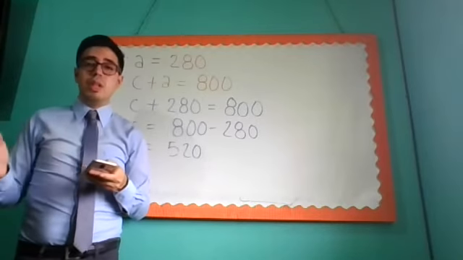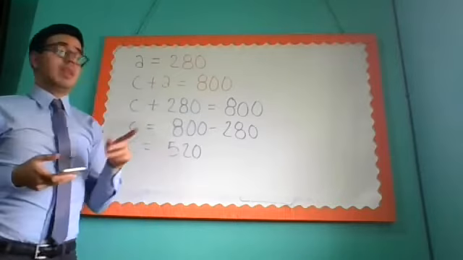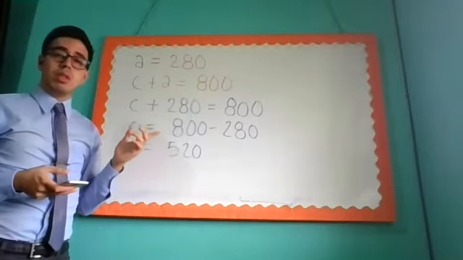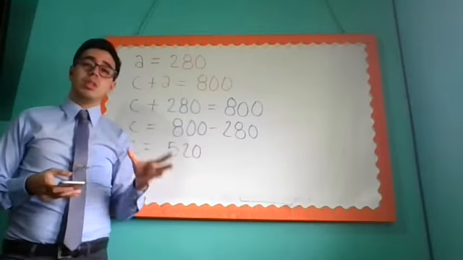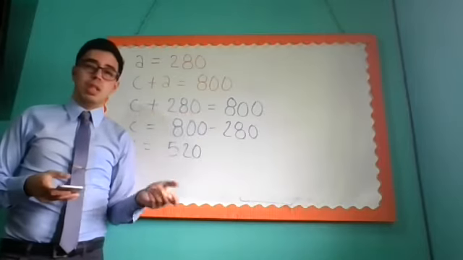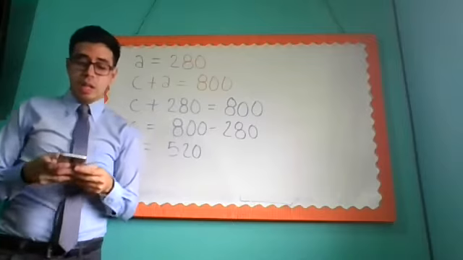You answer how many tickets for each one, okay? Because you name the variables. You say at the beginning that C was for children and A was for adults. So when you find the result, you say the answer in words. How many tickets for children and how many tickets for adult people, okay? This is the idea for this part.